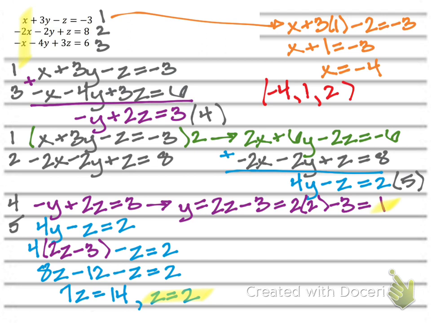Not hard, tedious. There's lots of places to make a mistake, so just go slow. And again, follow the steps. What did we do? We labeled our first 3 equations, right? Then we pick a variable to get rid of. Doesn't matter which one. Then use 2 equations to get rid of that variable. Eliminate it.